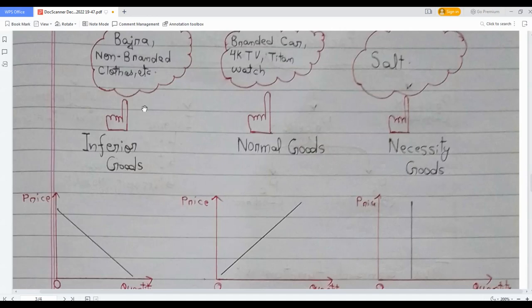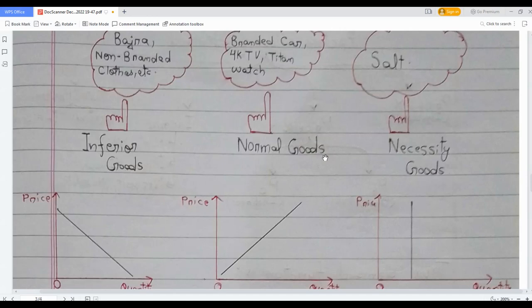So these are called inferior goods. See, this downward sloping curve shows the inverse relationship between the income of the consumer and demand for the inferior goods. This shows that when the income of the consumer increases, the demand for the commodity generally decreases. In the normal goods case, when the income of the consumer increases, the demand of the commodity also increases.